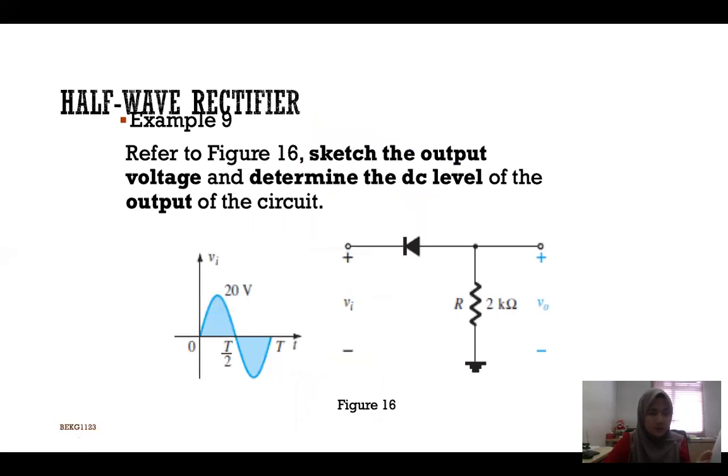So now let's look at example 9. Refer to figure 16, sketch the output voltage and determine the DC level of the output of the circuit. From this figure 16, you know that this circuit is a half-wave rectifier circuit. So how to sketch the output and determine the DC level?